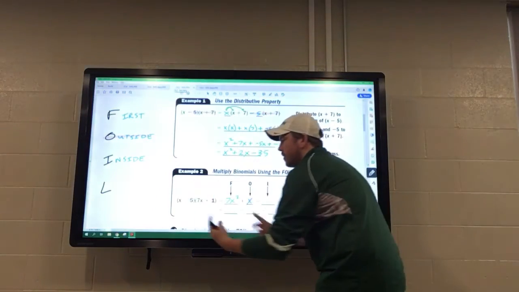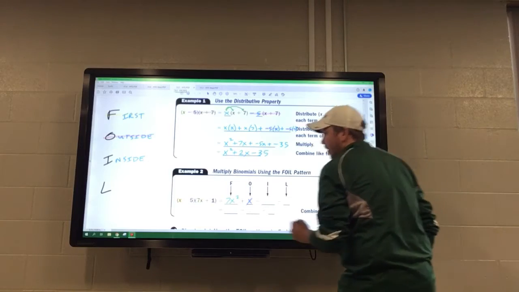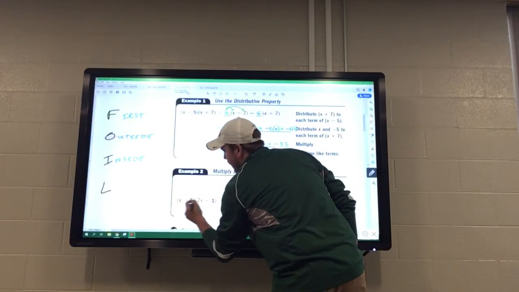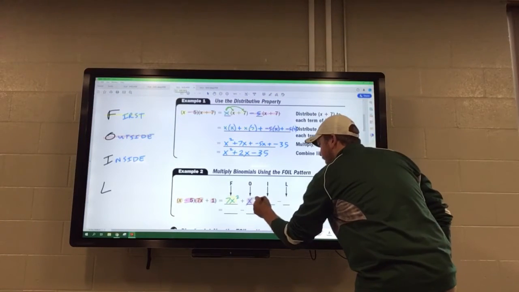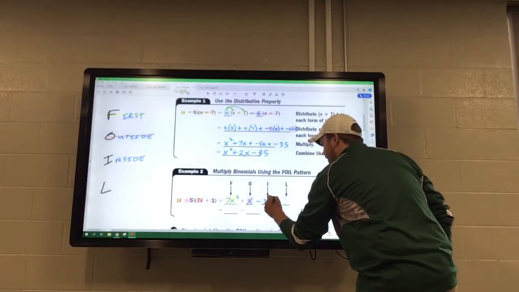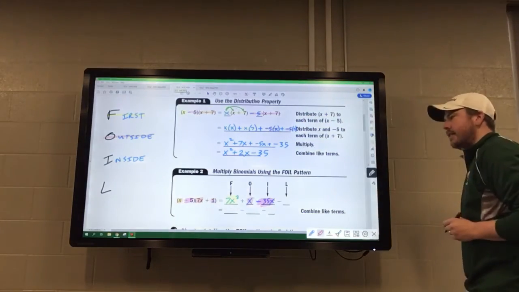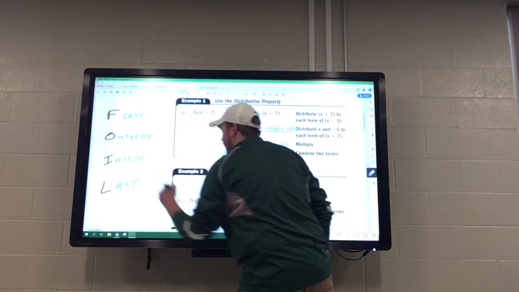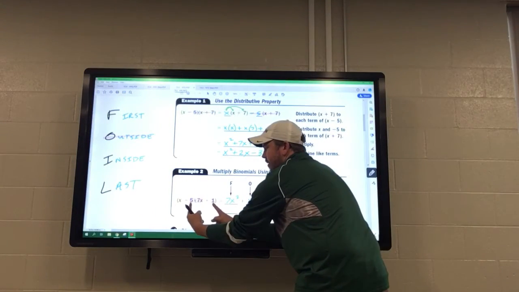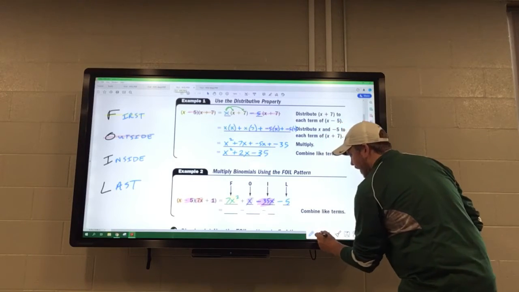For inside, we multiply the two inside numbers together. So we do -5 times 7x. -5 times 7x is -35x. And L stands for last. So we multiply the last numbers together. So -5 times 1, which gives us -5.